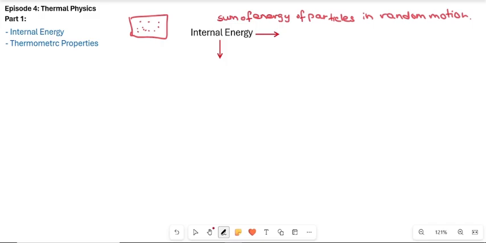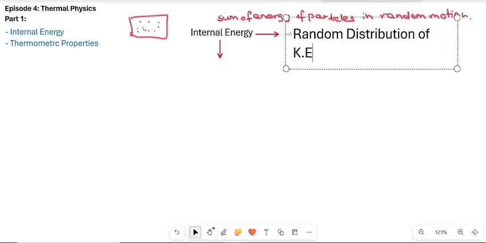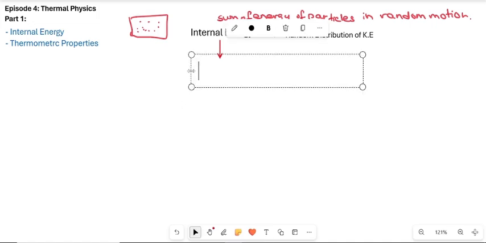Now how do we classify that internal energy? Number one, first is random distribution of kinetic energy, and the second is random distribution of potential energy.